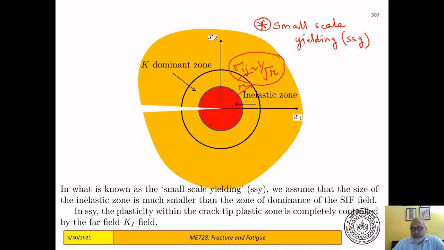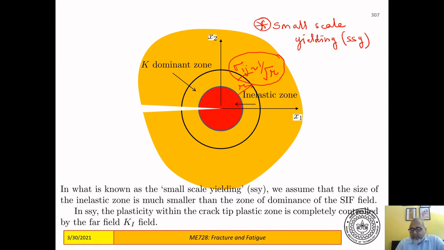It is also equivalently the zone where the most dominant term of the infinite series that constitutes the Williams solution is 1 by square root R, and it is significantly larger than the next most important term. So the size of the K dominant zone is the radius of the circle, black circle, in which all these conditions are valid.